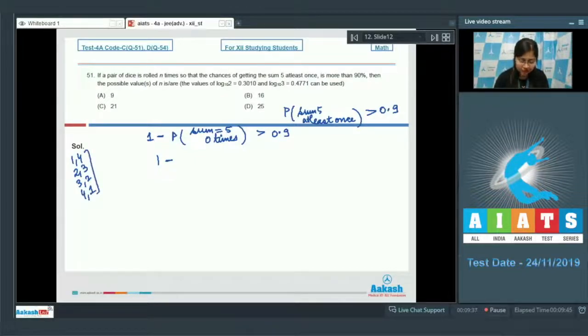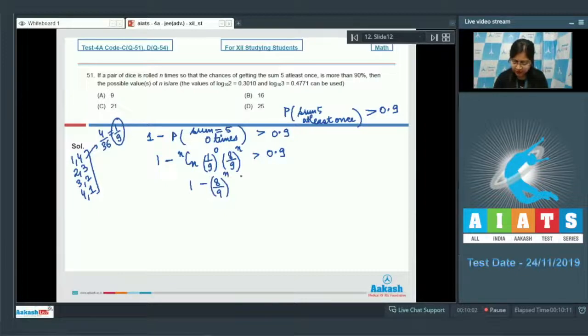So these are the only 4 cases, which means that the probability is 4 by 36, that is 1 by 9. So 1 minus nC0 (1 by 9) raised to the power 0 into (8 by 9) raised to the power n is greater than 0.9, that is (8 by 9) raised to the power n is less than 0.1, right?